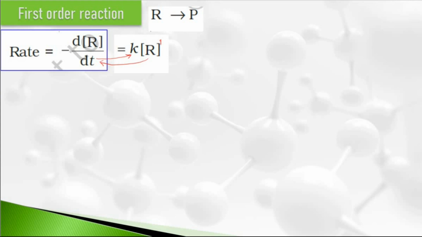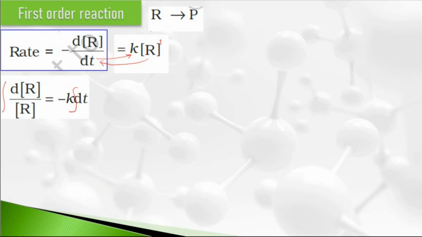As a result, we get a slightly modified equation. Now we can integrate both the sides of this equation. Since minus k is a constant, we will not integrate it, but we will integrate this dt.